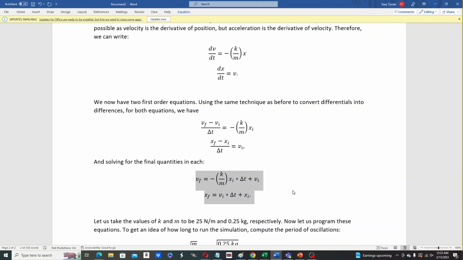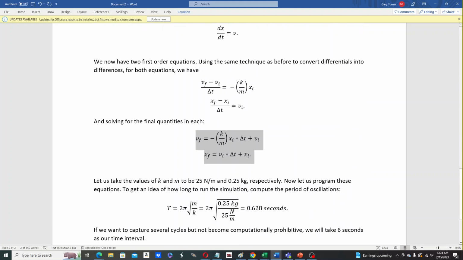And I'm going to let k have a representative value of 25 newtons per meter, and I'm going to put 0.25 kilograms of mass on my spring. Now, once again, to know about how long to let the simulation run, I need to have some sense of how this system is moving.